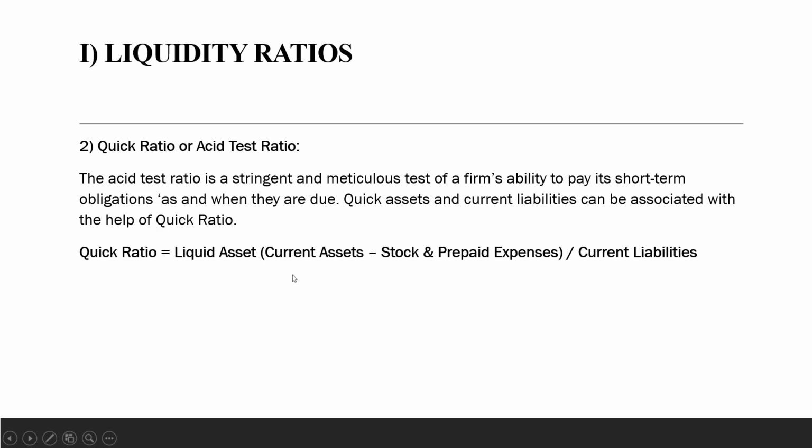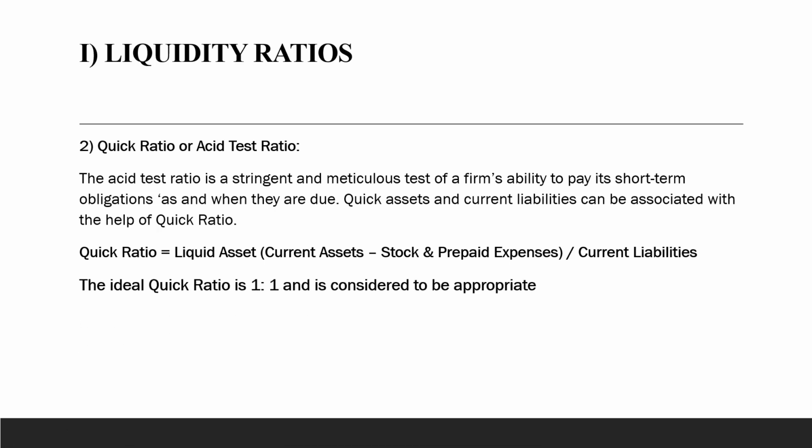In the current ratio, we have an ideal standard ratio, right? In the quick ratio also we have a standard, that is 1:1. What does this 1:1 mean? The liquid assets should be 1 and the current liabilities should be 1. If the standard of 1:1 is met, then the company is in an appropriate position to pay its current liabilities in the future.